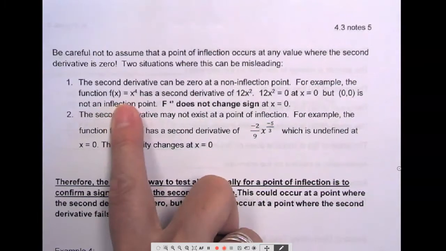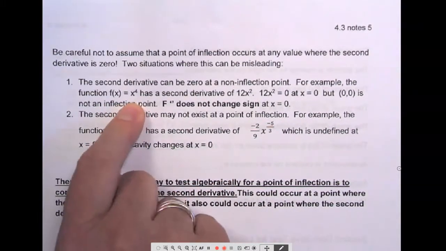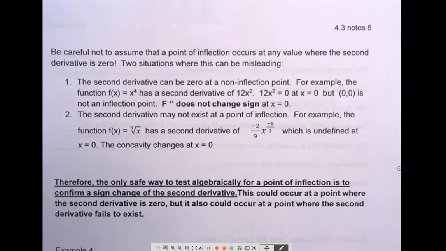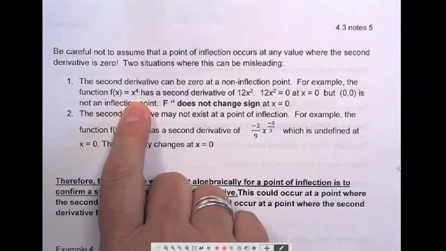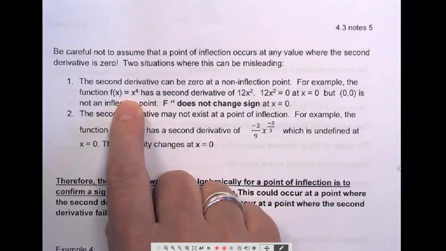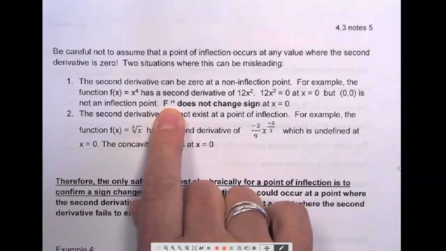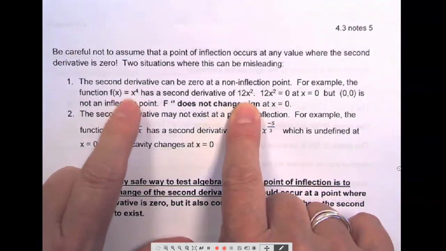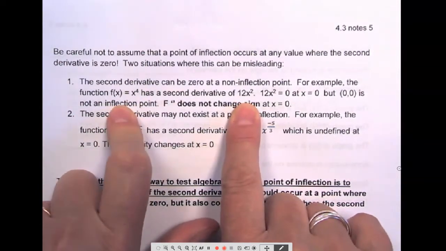For example, the function x to the 4, what does that graph look like? Is it like a W? If I had more terms added, it would be. If it's just plain old x to the 4, it's like a narrow parabola, with no other terms added there. The first derivative is 4x cubed.